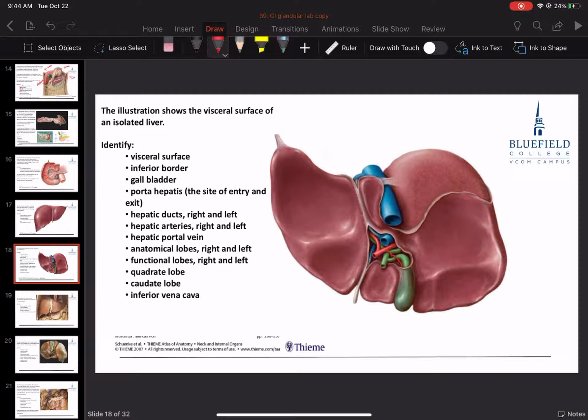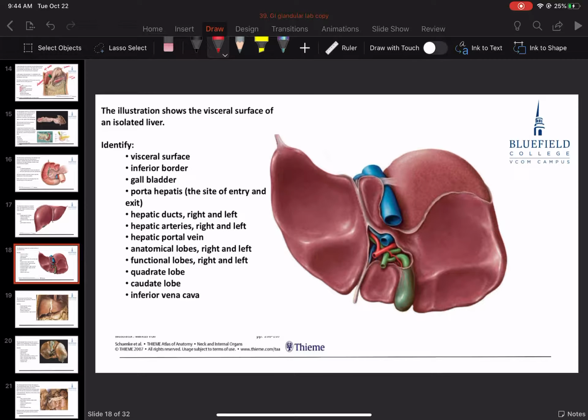So what would you name this part of the liver? How could you identify this? Functional lobe. Left anatomical lobe, and then this would be, of course, the right anatomical lobe.